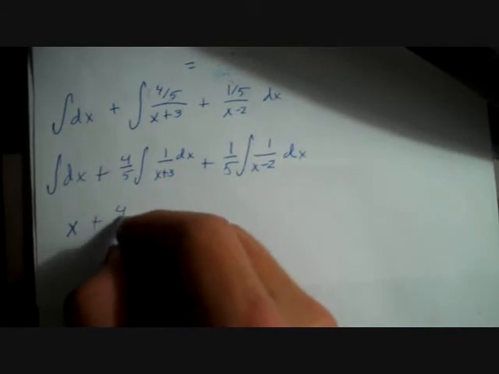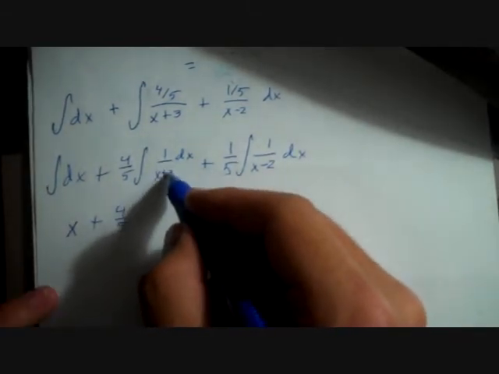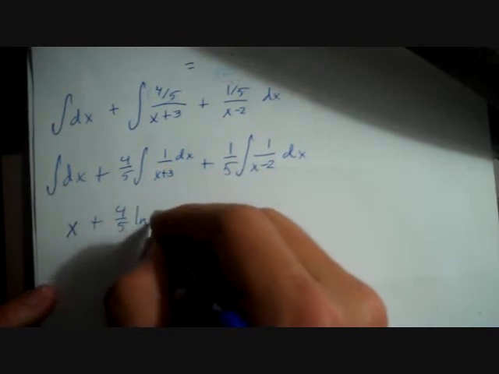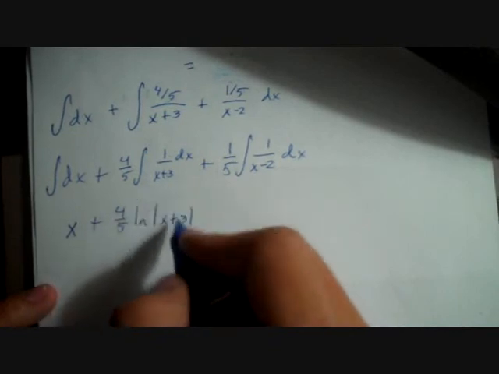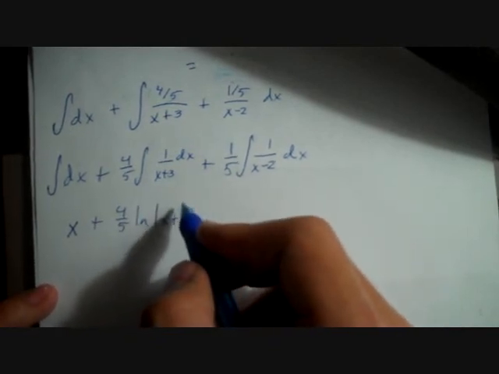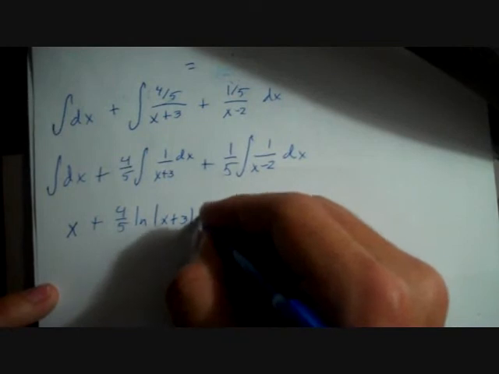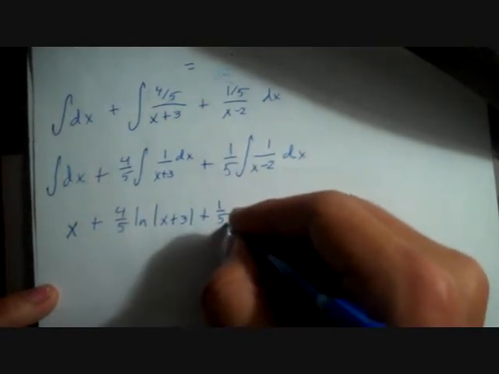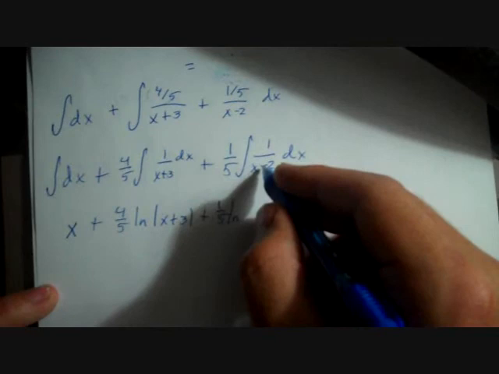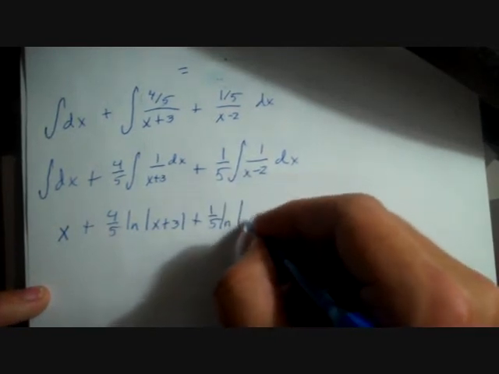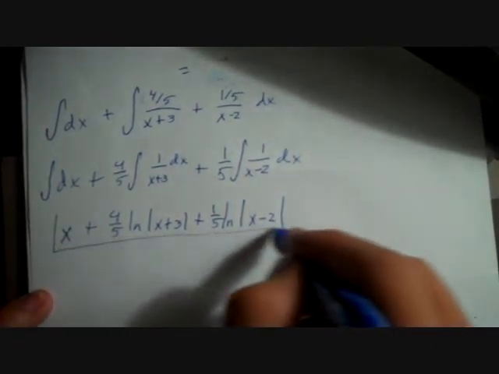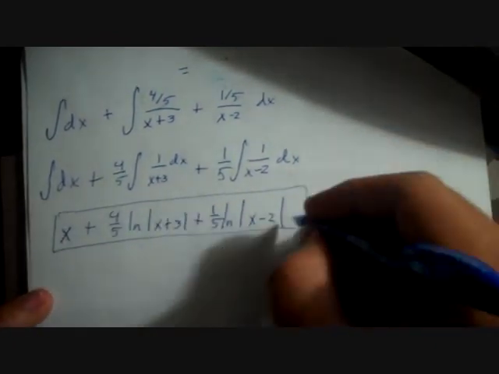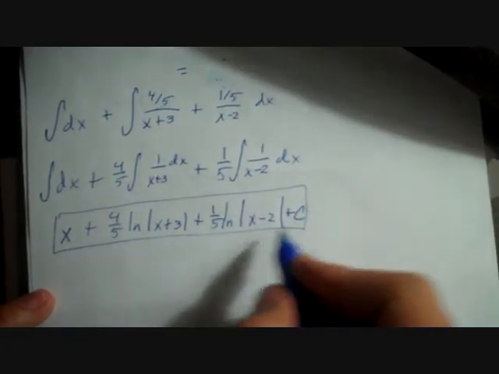So the integral of dx, well, that's just x, plus 4/5 the integral of 1 over x plus 3, that's ln of the absolute value of x plus 3, and that's just u substitution right there. I made a video on that if you want to check that out. Plus 1/5 the ln of the absolute value of x minus 2, and then all, of course, plus our constant of integration.